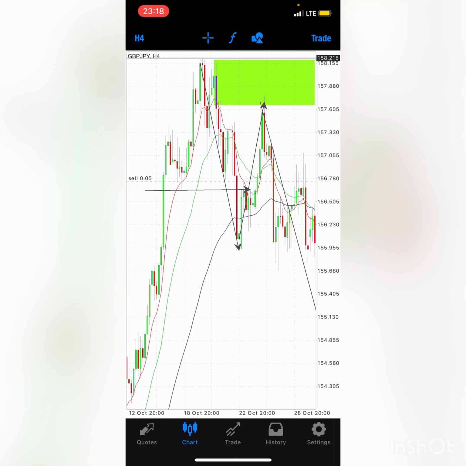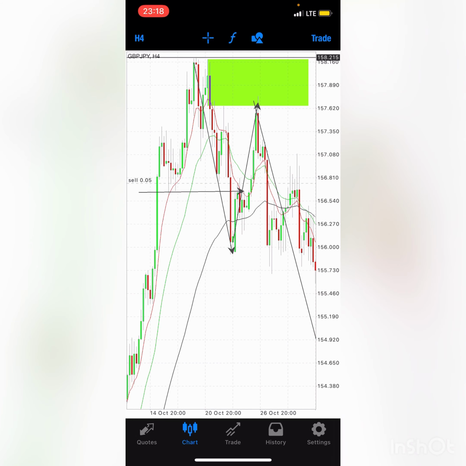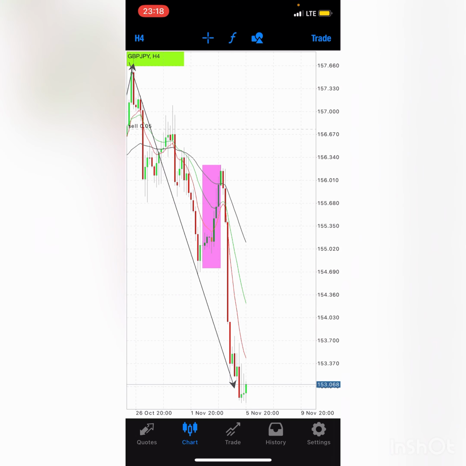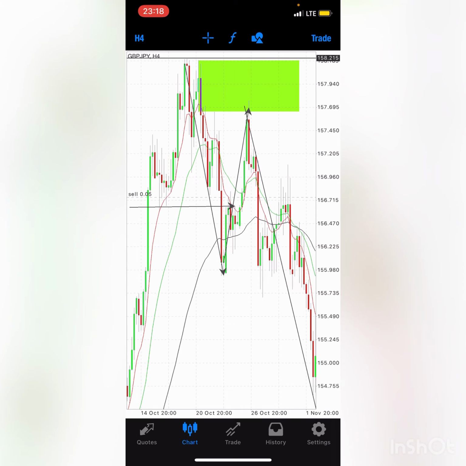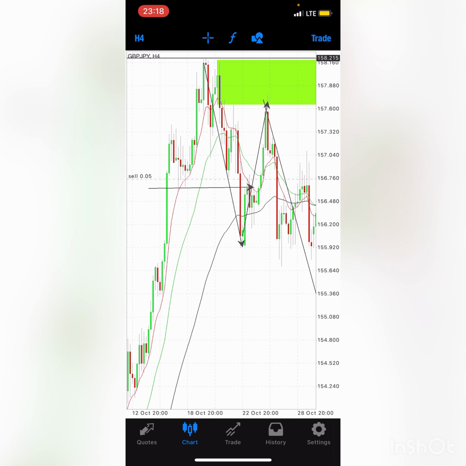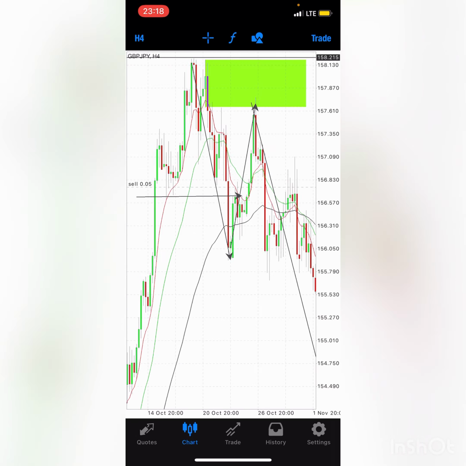We only have 1, 2, 3 green ones before price went up again to test the zone, and then that's where you would enter your trade going downwards, right? So that's what I mean when I say impulses can be used for either direction or for entry on the lower time frame.